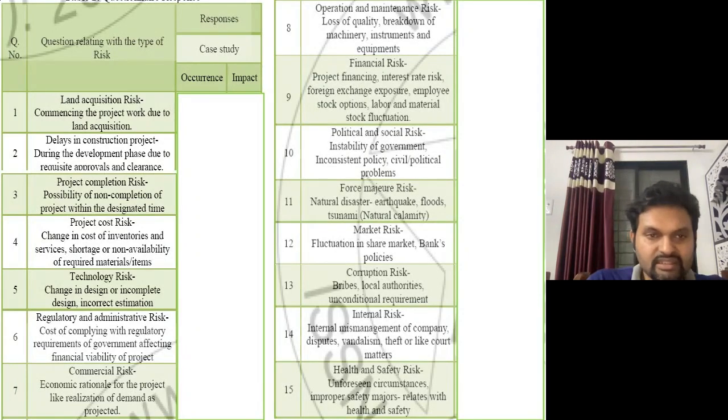I will show you the table. Just read that point. Second, delays in the construction project because of requisite approval and clearance. Now, from whom are you going to take the clearance in this particular project? From PCMC, the Pimpri-Chinchwad Municipal Corporation. That municipal corporation is where you're going to take the permission, right?